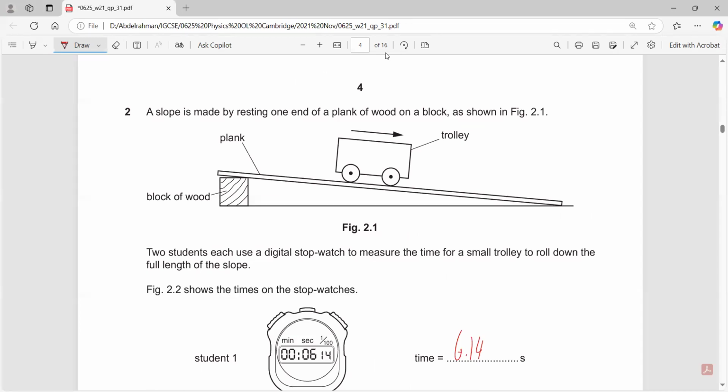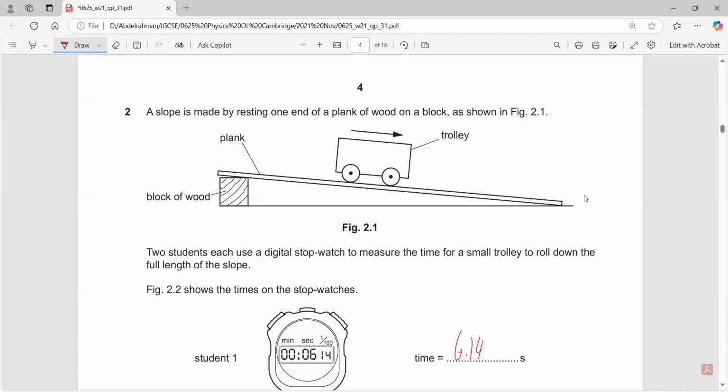How can I change the slope? By decreasing the height of the wooden block. No, actually, decreasing the length of the plank itself would decrease the time, and you need to increase the time.